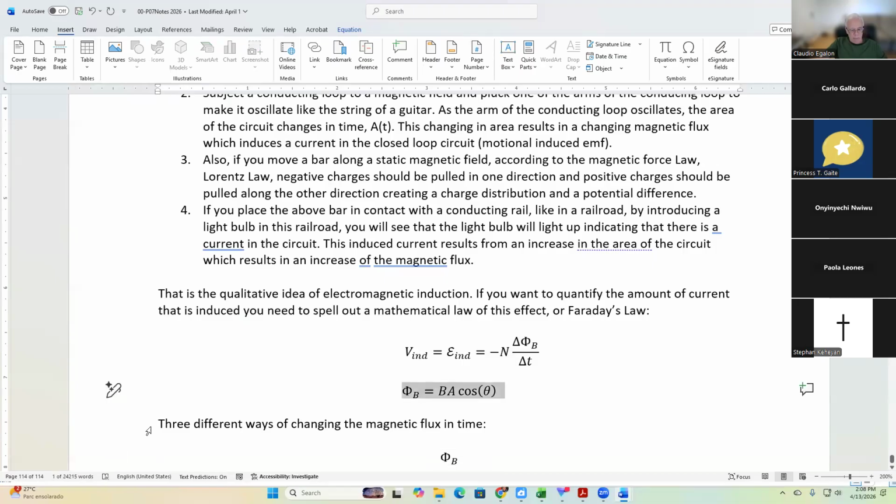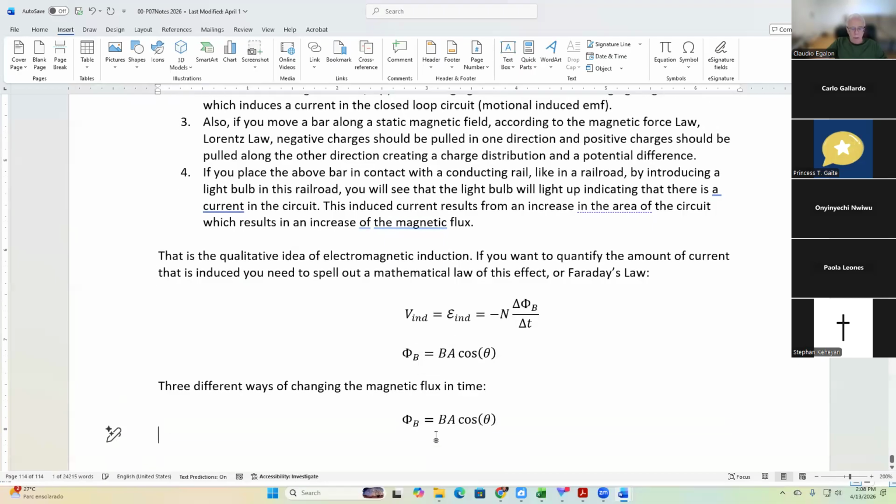The first one that I mentioned to you, we can vary the magnetic flux by varying the magnetic field, right? Everything else can be constant.